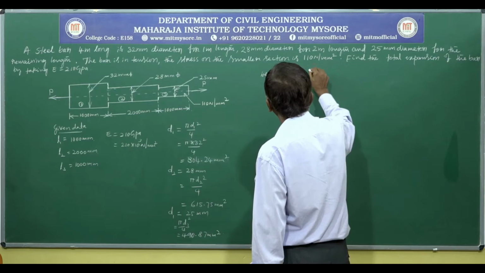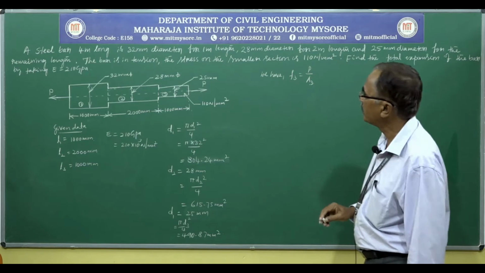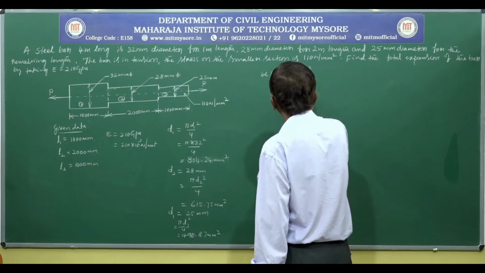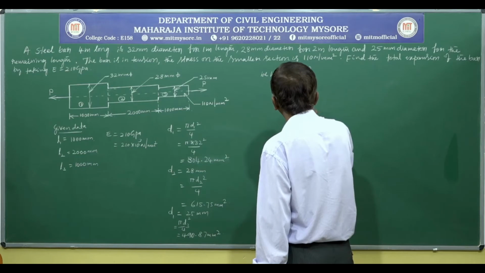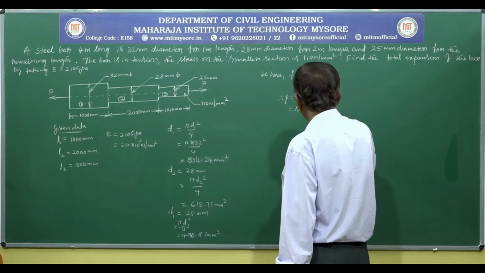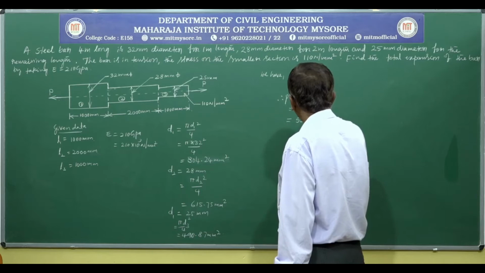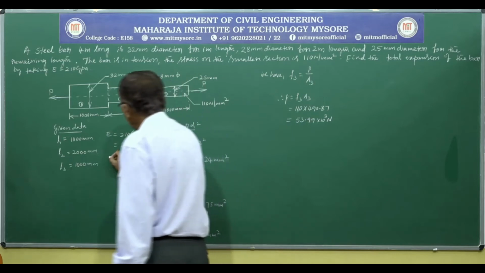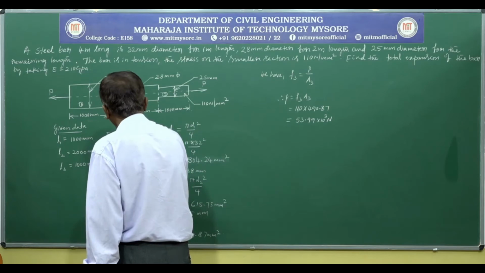F3 is equal to P divided by A3, where F3 is the stress induced in the third portion. Therefore, P is equal to F3 into A3, that is equal to 110 into 490.87, that is equal to 53.99 into 10 power 3 Newton. So in the given data, we can mention that stress in the small section F3 is equal to 110 Newton per millimeter square.